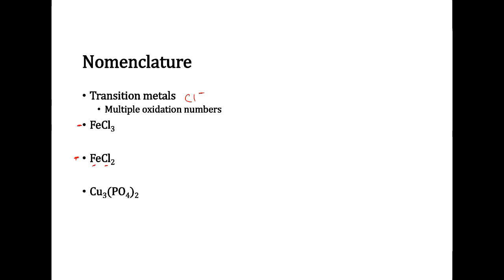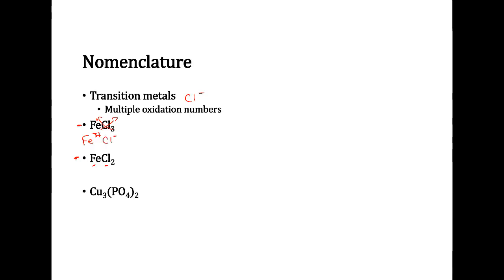We need to work backwards and make sure that we get the correct charge on the anion. So if we work backwards, we're going to swap the subscripts and then raise them to the superscript and give them charges, we would have Fe3+ and Cl-.